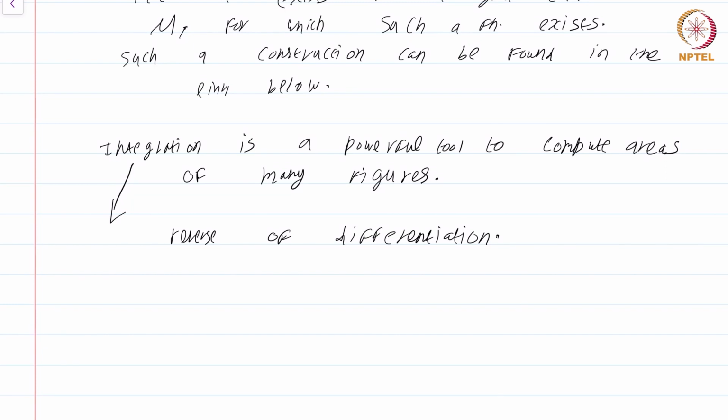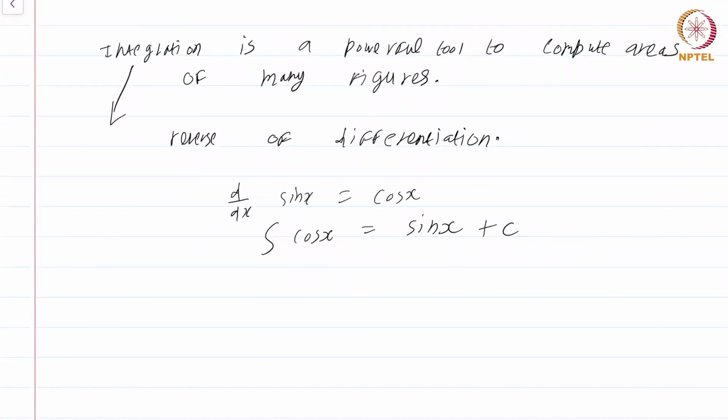I was taught that d by dx of sine x is cos x. Therefore, integral of cos x is sine x plus c. Otherwise, you will lose minus 1 or some such stupidity. But this is the way I was taught, that integration is the reverse of differentiation.